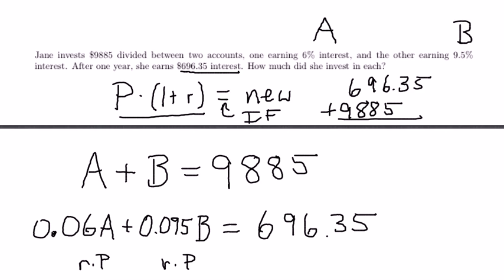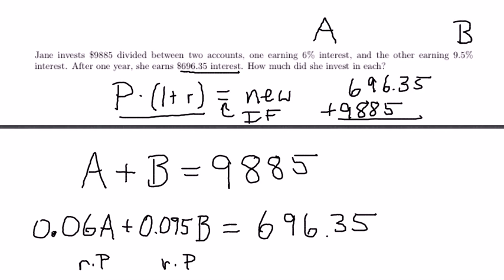Once again, we made up two variables. We had to use the total information. In other words, she invested $9,885 total. And then we used the other bit of information by basically multiplying the amount in account A by 0.06 and the amount in account B by 0.095.